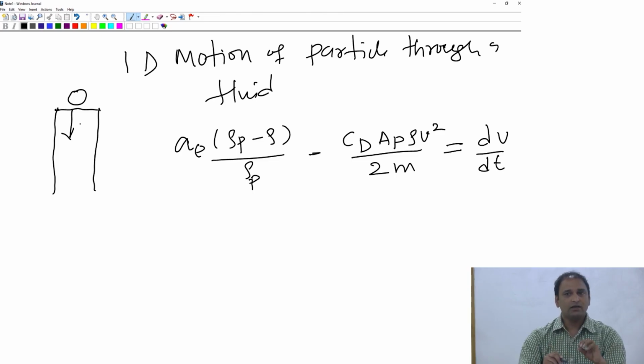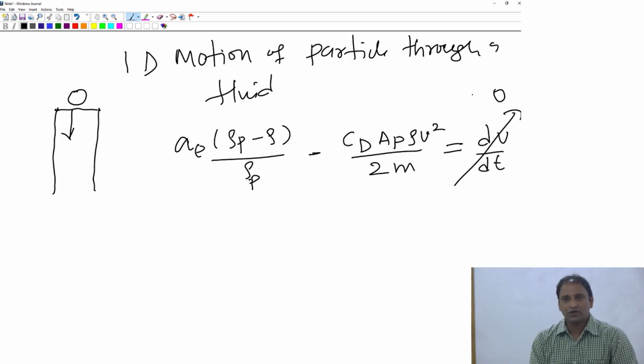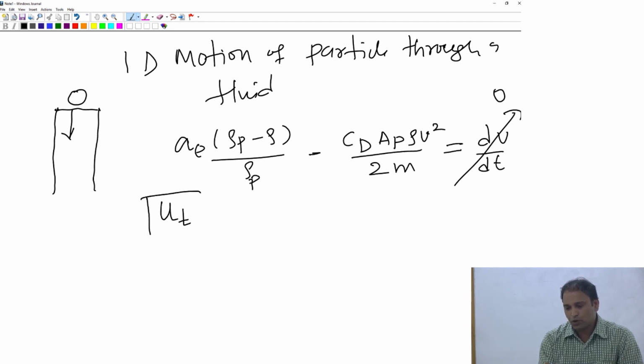Ultimately the particle moves with a constant velocity, so at some point your acceleration is going to be zero. You can get that constant velocity, as I mentioned in the previous class. It is denoted by u_t, the terminal velocity.